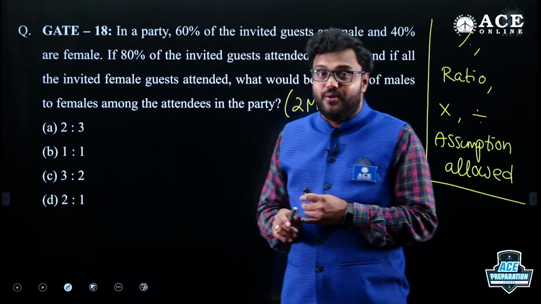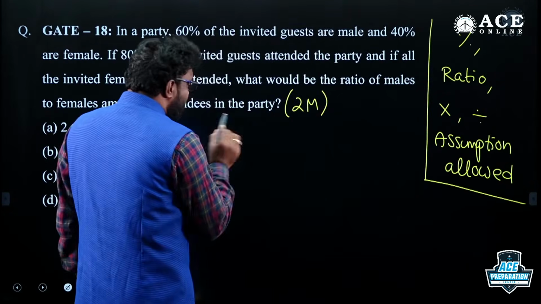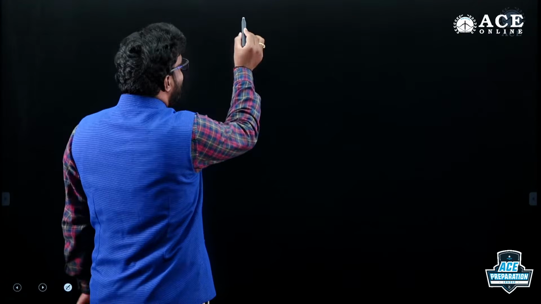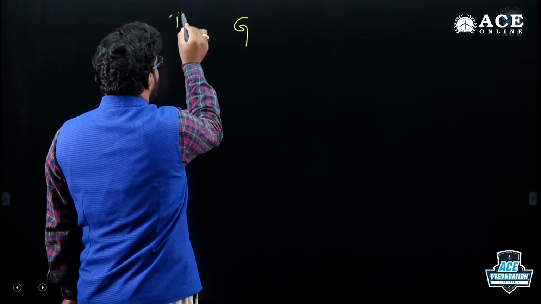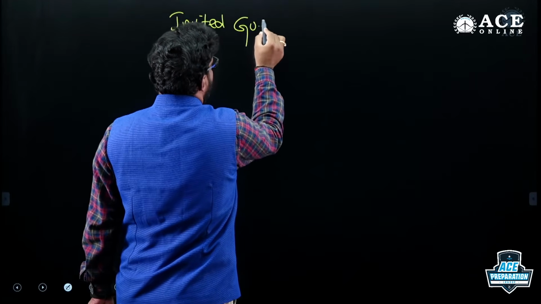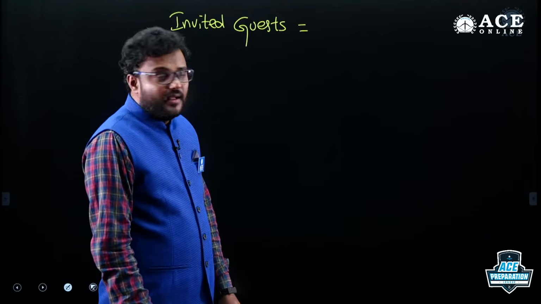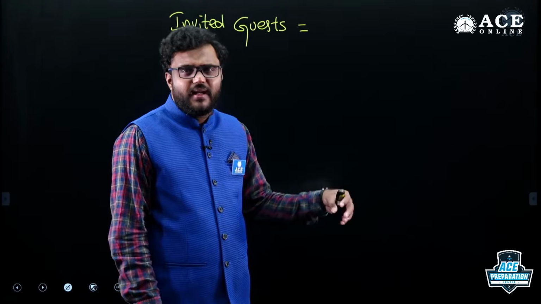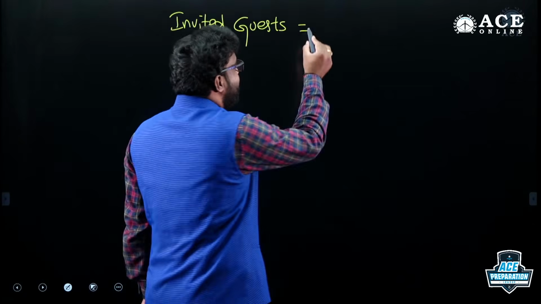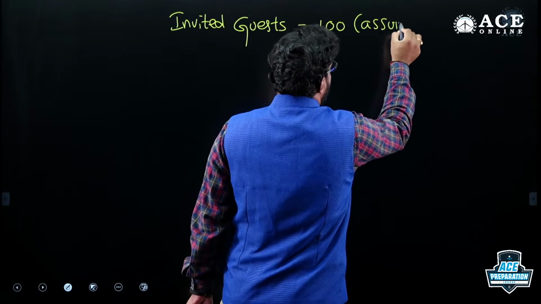Here, assumption is allowed. The number of guests is not given, so I am assuming the number of invited guests. For the party, we are inviting guests, but how many people you invited, we don't know. You can assume some value: 100, 200, 1000, your wish. But since percentage is per 100, I am assuming invited guests are 100.